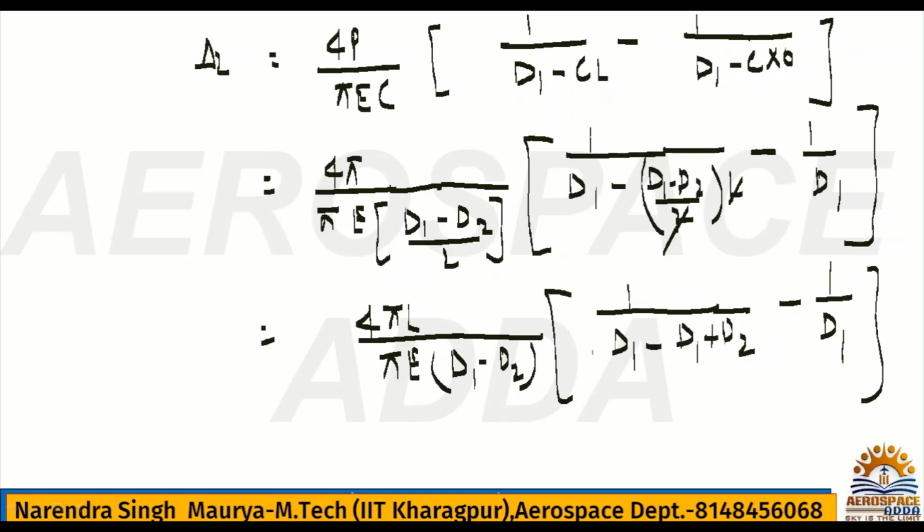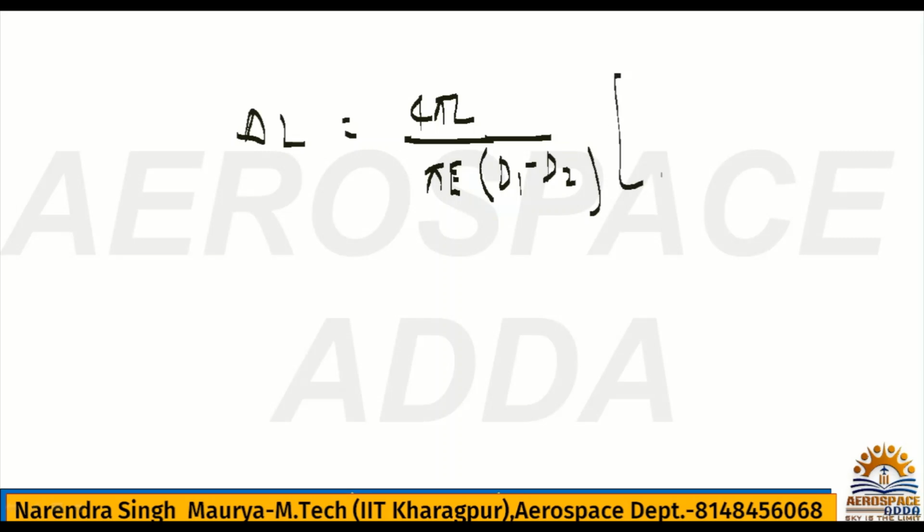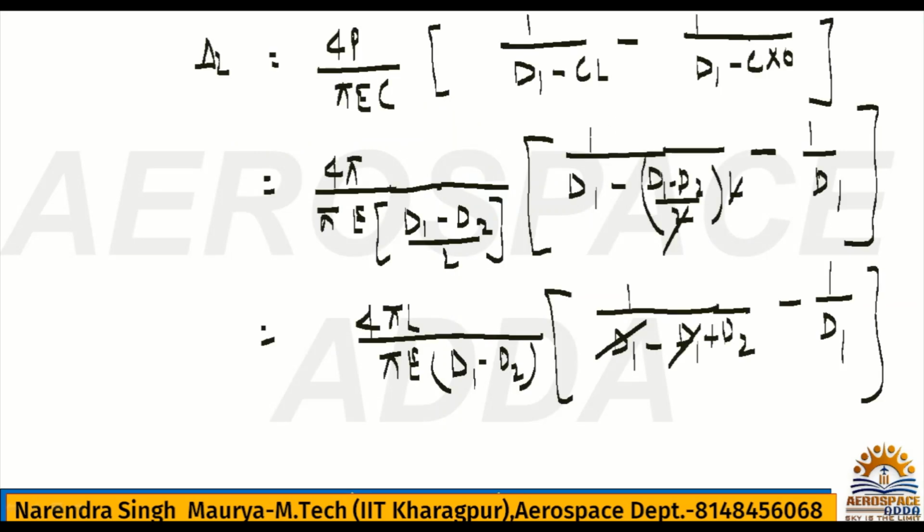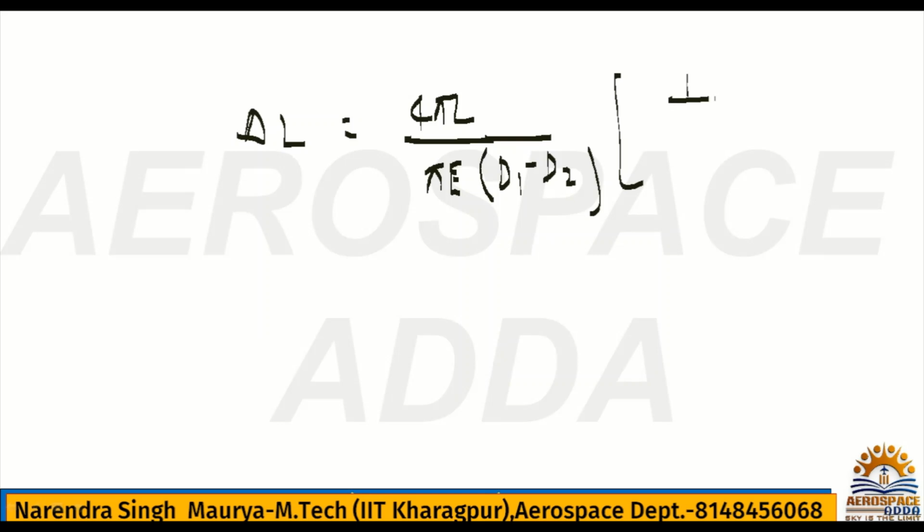Now check, so what you will have is delta L equal to 4PL divided by pi E into d1 minus d2, in the bracket you will have 1 by d2 minus 1 by d1.